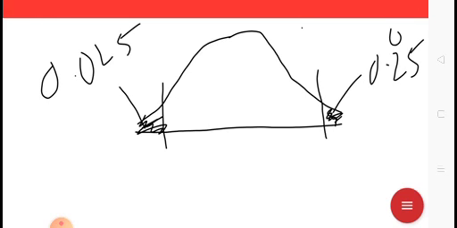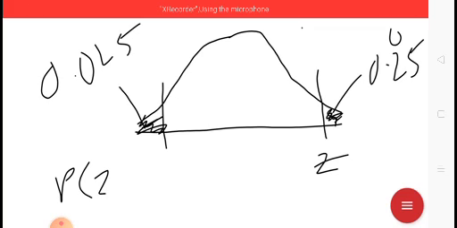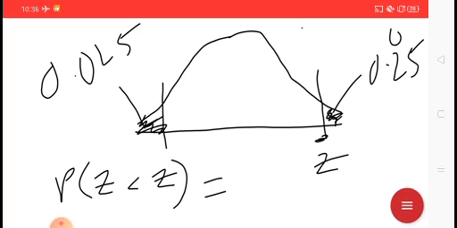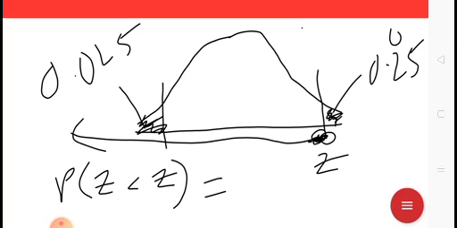So now if I ask you to find this one, z. Let's say this is a z value for a normal distribution. Let's say P(Z < z) is equal to, if you calculate the probability from this point all the way to the last end, how much will it be?